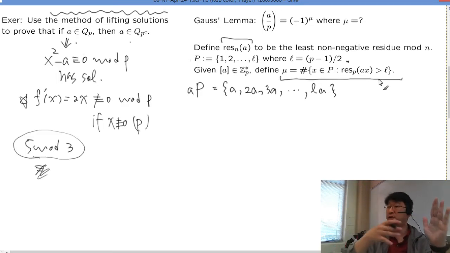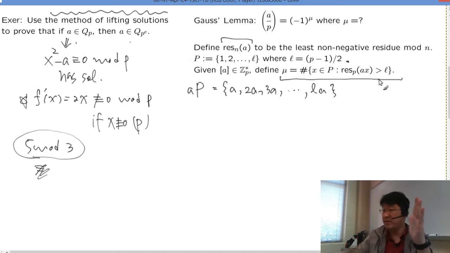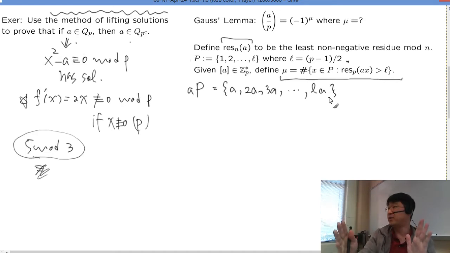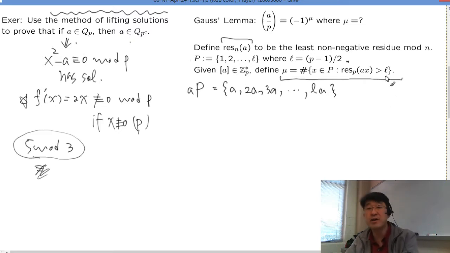As we multiply by 2, and then find the remainder again, it may happen to land outside this half residue system. We'll see an example. How many of them will go outside the half residue system is that mu. And if you raise that to the -1, even and odd, he's claiming that that is the quadratic residue.